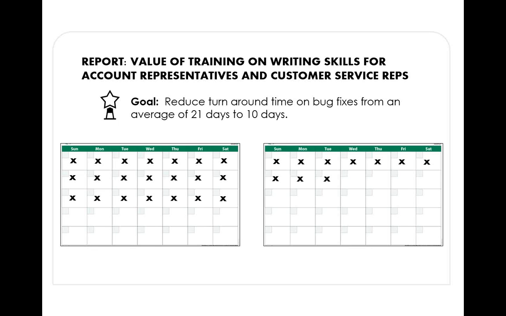So what we've got is we're trying to reduce the turnaround time on bug fixes from an average of 21 days to 10 days, because this is going to save us some money. Our account representatives are taking in bug reports over the phone, writing up reports and handing them off to the technical team that has to fix them.